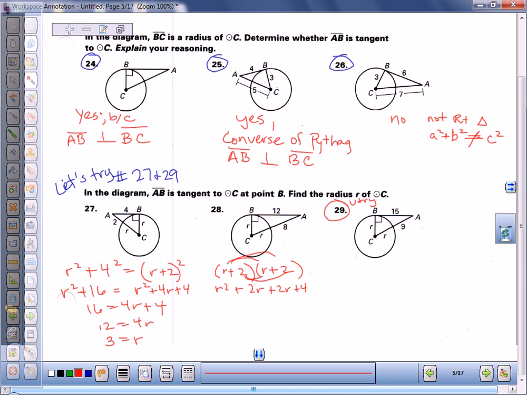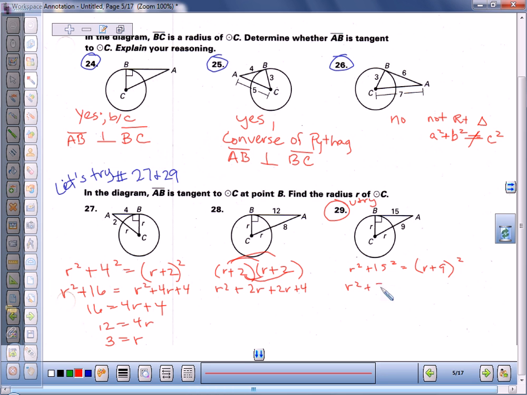What'd you get? 8. Is that wrong? That's right. 8 is correct. So we get R squared plus 15 squared equals R plus 9 squared.